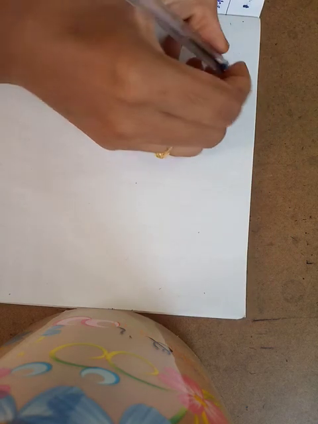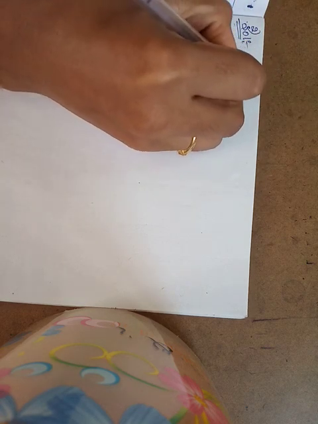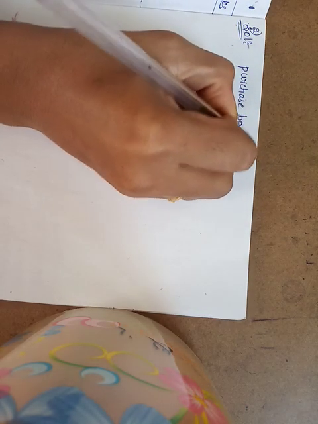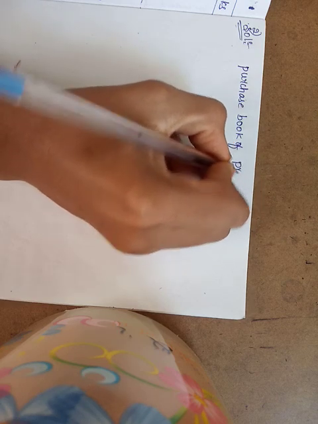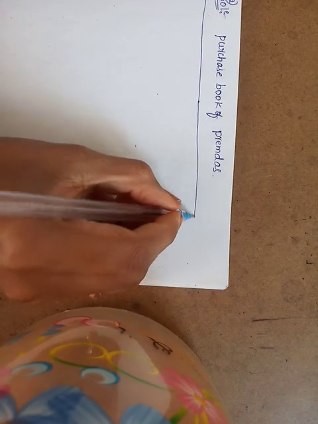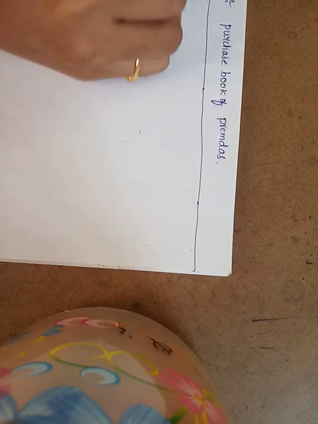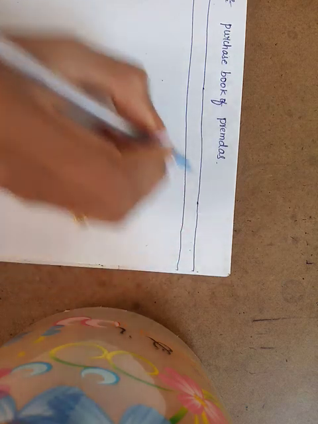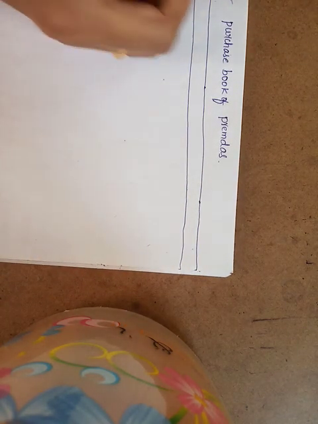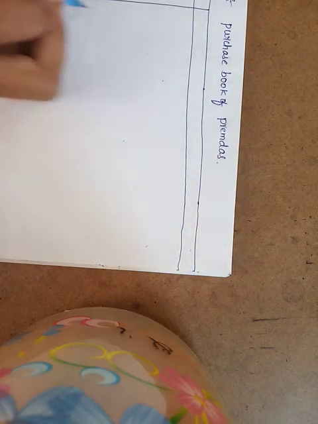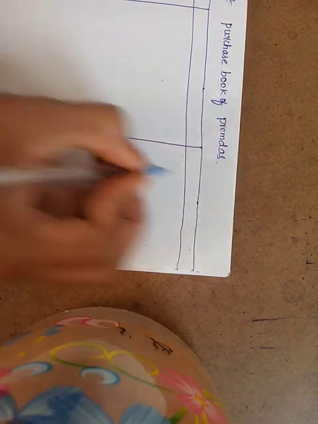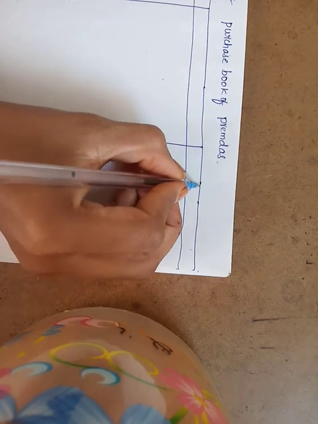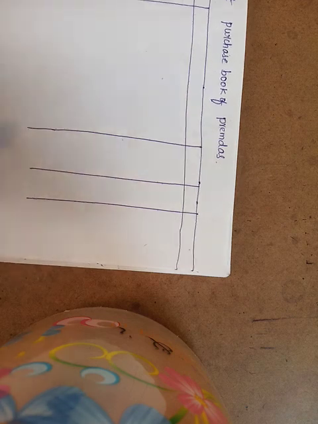Okay, so purchase book of Premdas. Date, particulars, invoice, LF, amount.